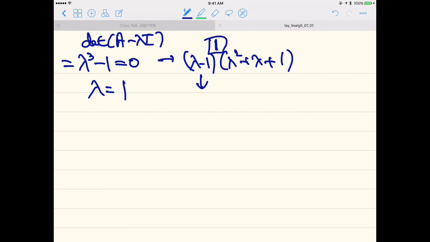So we have one pair of eigenvalue and eigenvector, but we don't have any other real eigenvalue, right? So in that case, it's already not diagonalizable, because we cannot even obtain 2 other eigenvalues as real numbers.